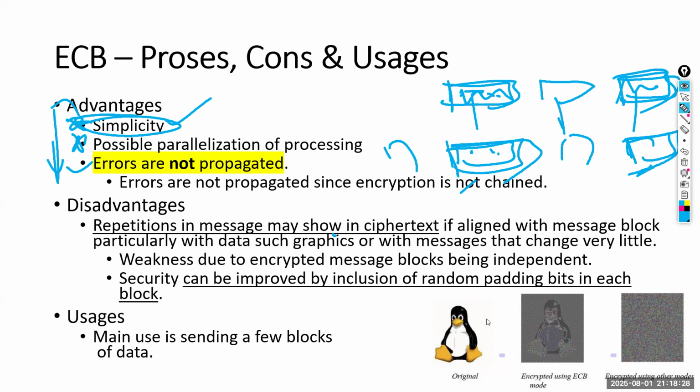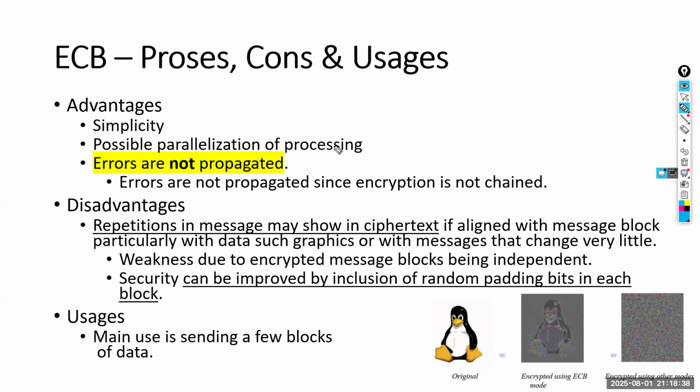It's something like this: this is encrypted, but you can still see it has a bit of the original nature, because it doesn't mix up things. That is a big disadvantage. But obviously it is simple and fast, and we can do parallel processing and so on. So if you have just a few blocks, this may be good enough. But if you have a lot of blocks and you want to 100% hide patterns, don't go for ECB.